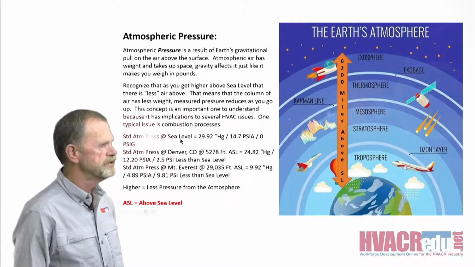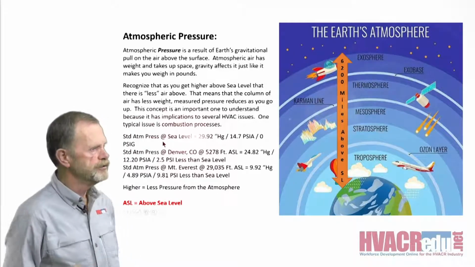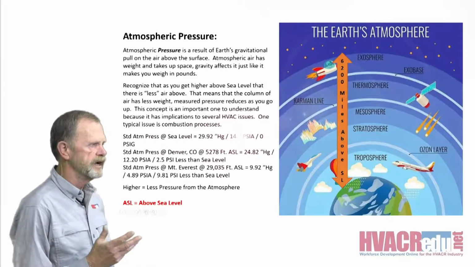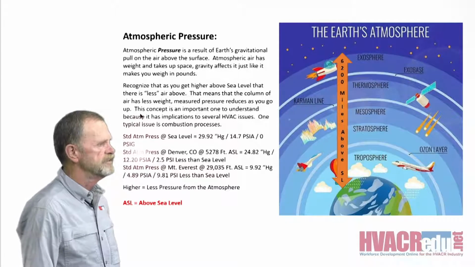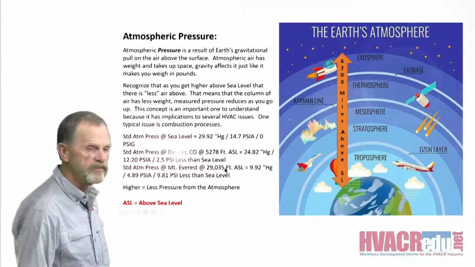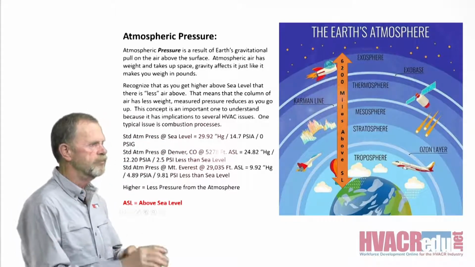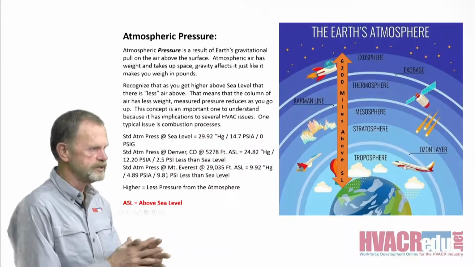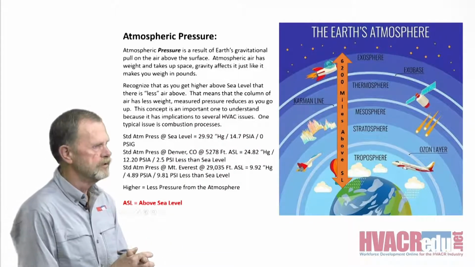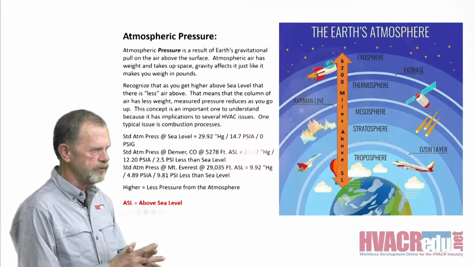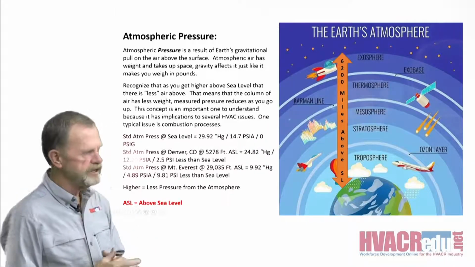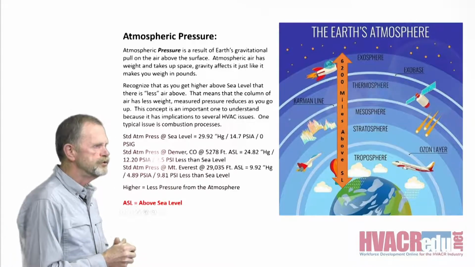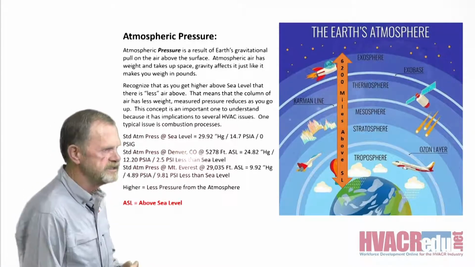Standard atmospheric pressure at sea level is 29.92 inches or 14.7 psia or 0 psig. Standard atmospheric pressure at Denver, Colorado, at 5,278 feet above sea level, that's what ASL stands for, is 24.82 inches of mercury, 12.2 psia, which is 2.5 psi less than sea level.